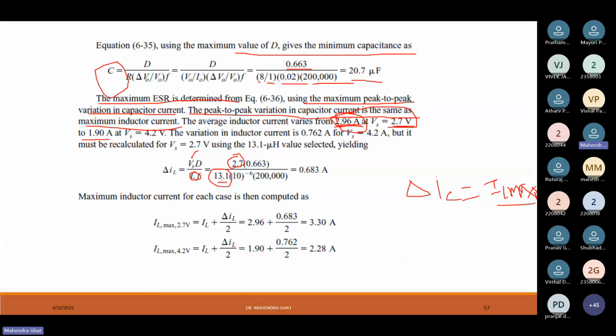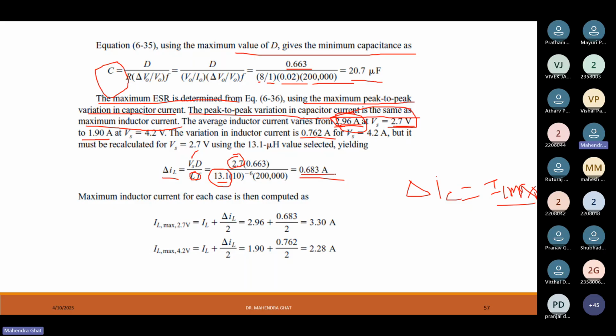So that value we have to put, and then calculate the delta IL, and that gives a value of 0.683 ampere. Previously it was 0.762 ampere, but now it came to 0.683 ampere.